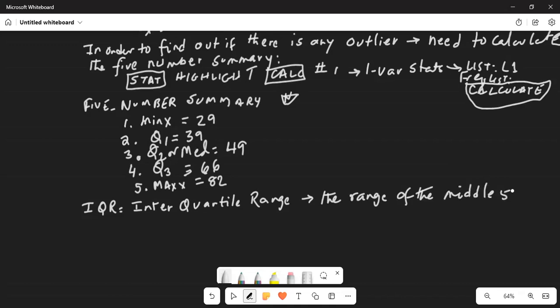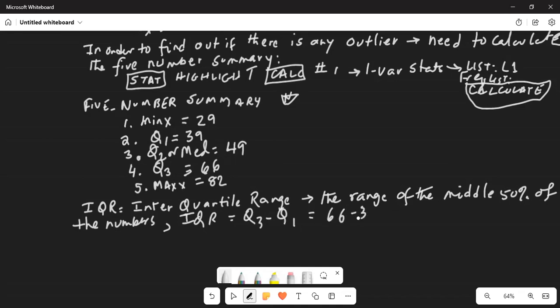IQR is equal to Q3 minus Q1. In my case, it is 66 minus 39, which should be 27. So that's your IQR, the interquartile range.